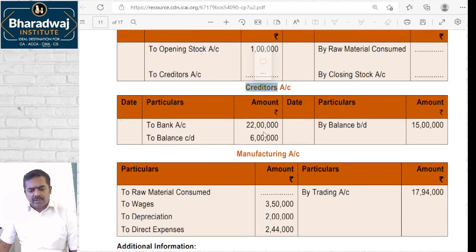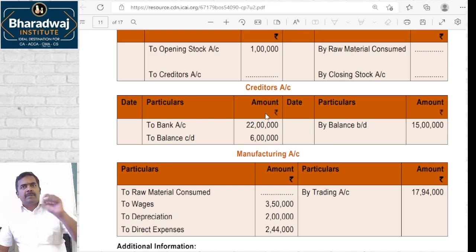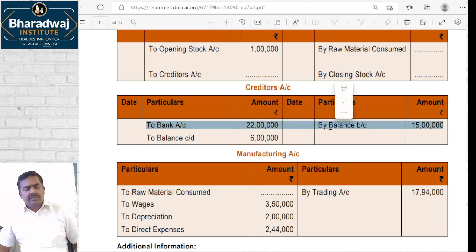Next, creditors account, what is the opening balance? 15 lakhs. What is the closing balance? 6 lakhs. How much was paid? 22 lakhs. When we tally, by purchases will be the balancing figure. We'll prepare the creditors account. Is this single entry in the syllabus? Incomplete records, no?